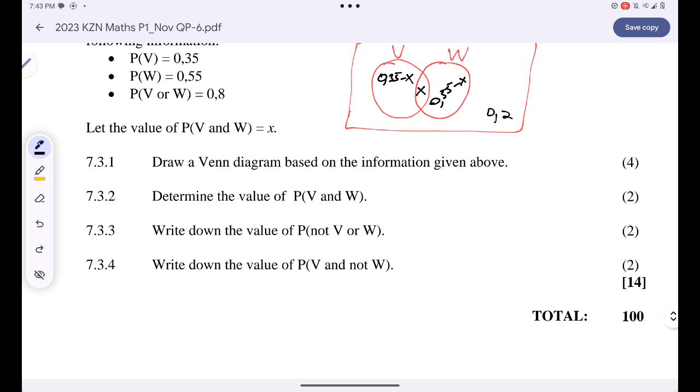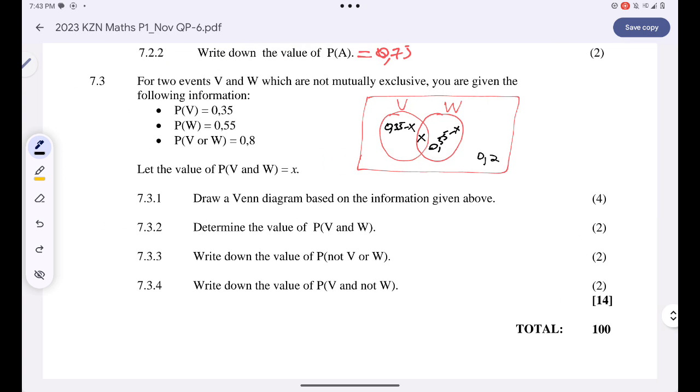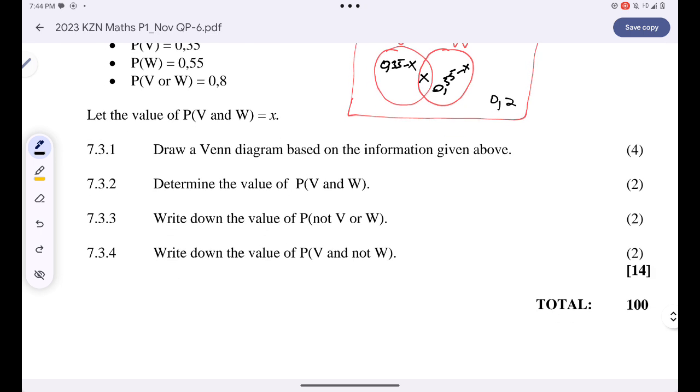Now I'm supposed to determine the probability of V and W. I was never asked to find x, but let me just do so.